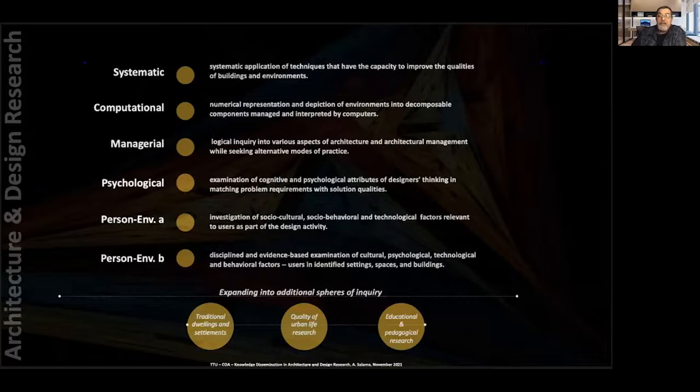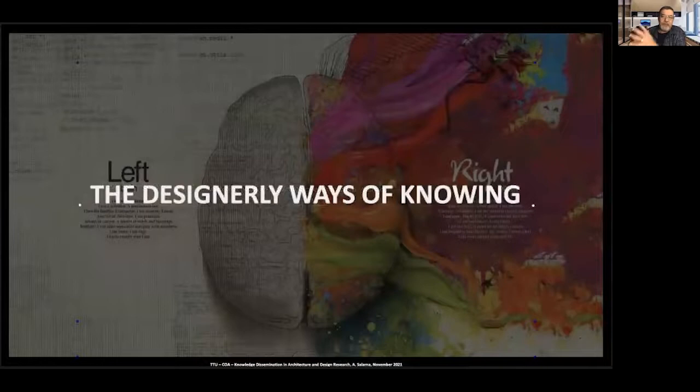Quality of urban life research and the full spectrum of sustainable development and urbanism. Pedagogical research through examining teaching and learning and design studio teaching practices. All of these are areas of research that researchers in architecture and urbanism have been doing.